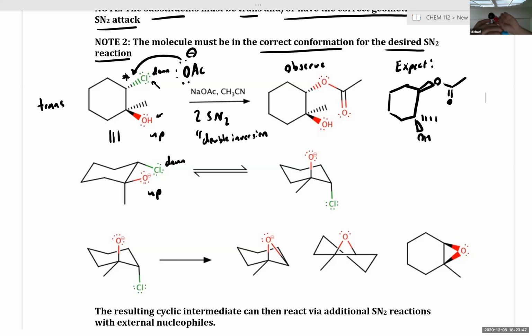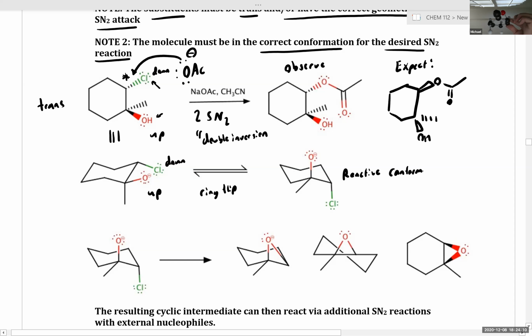Yes. So then we can see an intramolecular reaction where we kick out our leaving group. So there's a really important idea here. We have a ring flip, and that gives us our reactive conformation. We then see our first intramolecular SN2 reaction.